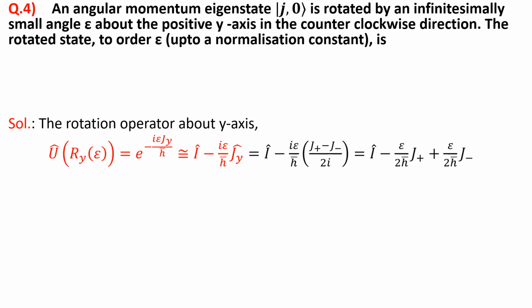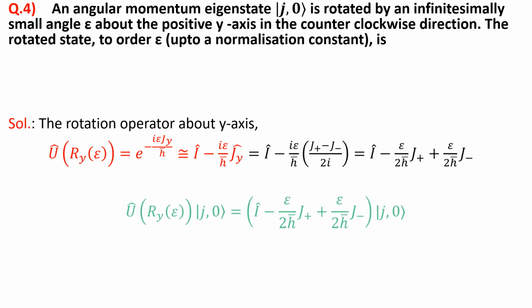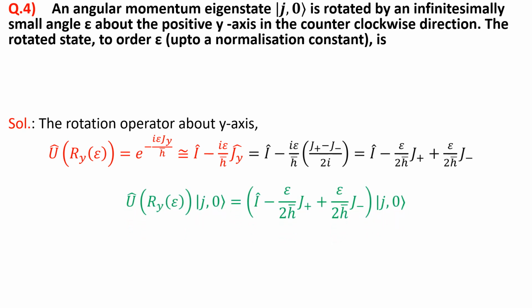J_y can be written as (J plus minus J minus) upon 2i, where J plus and J minus are the raising and lowering operators. So we expand it. Now we apply this unitary operator on the initial state |j, 0>.